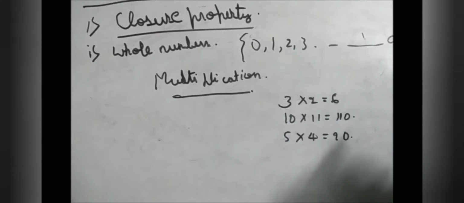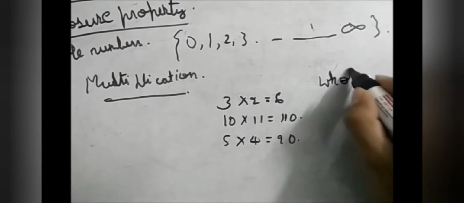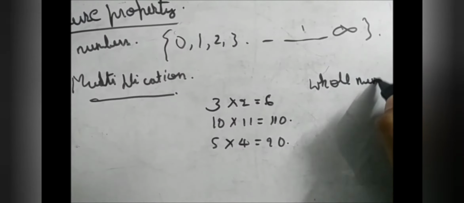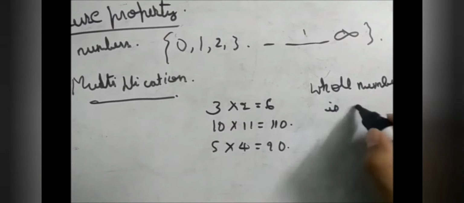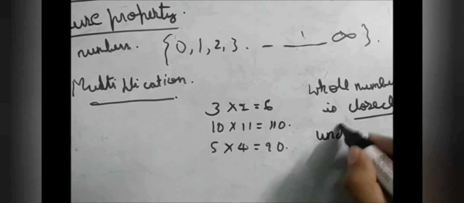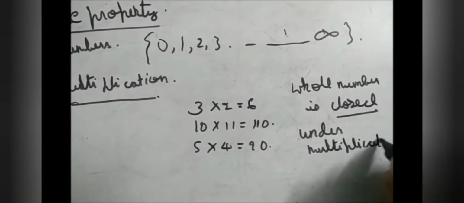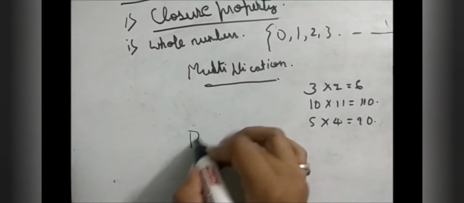Every result is present in the set of whole numbers, so we can conclude that whole numbers are closed under multiplication. Now let's see division.